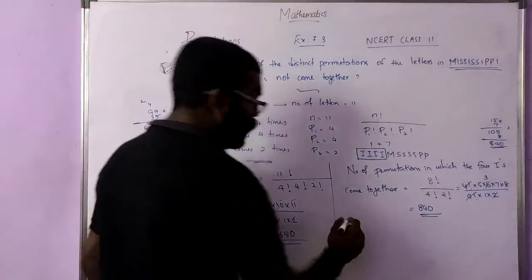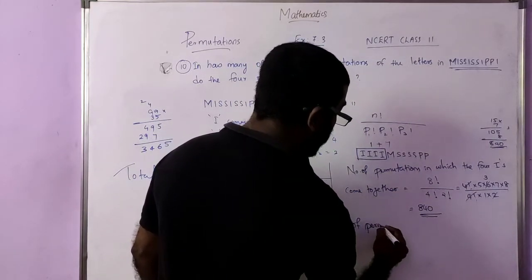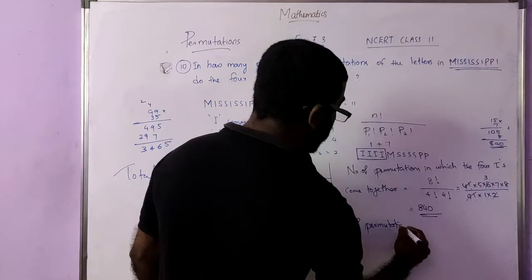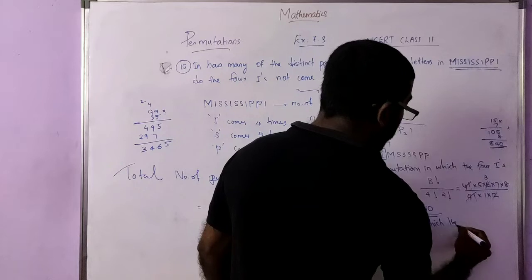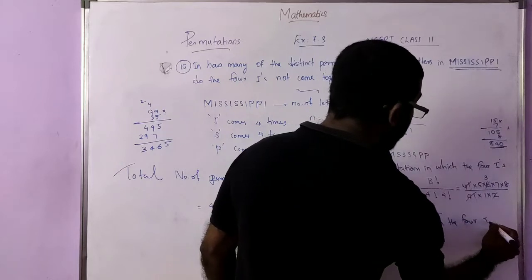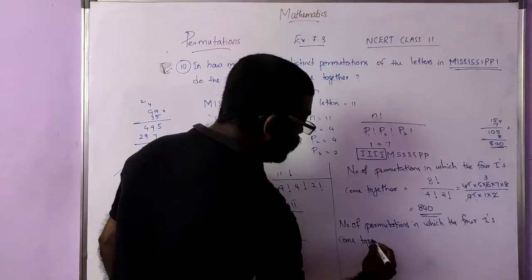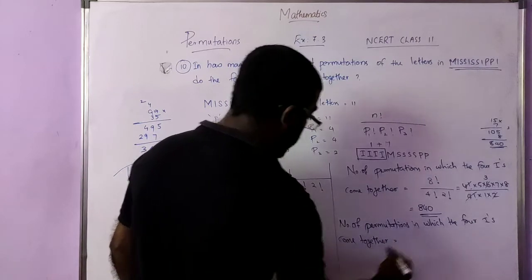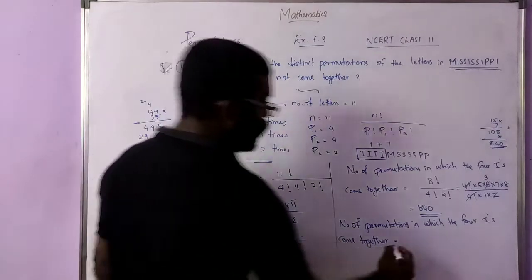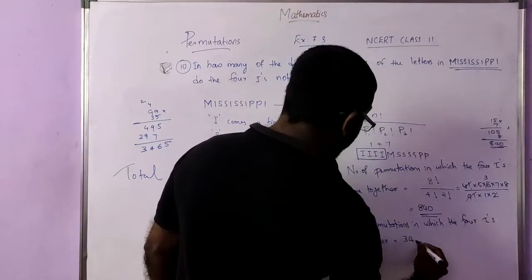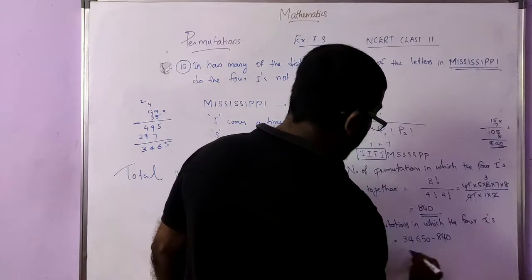So the number of permutations in which the 4 i's do not come together is equal to the total number of permutations, 34,650, minus 840.